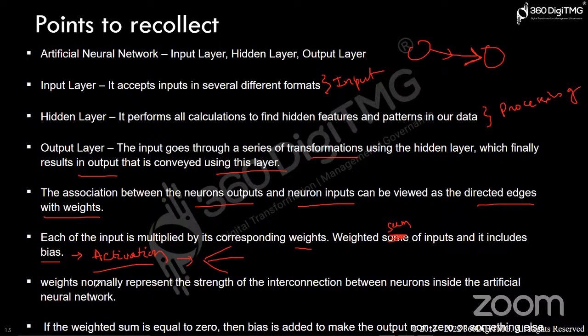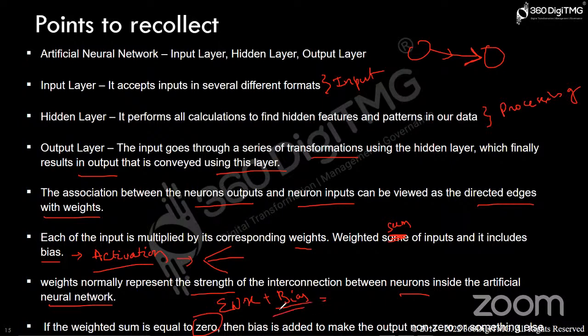Now, weights normally represent the strength of the interconnection between neurons inside an artificial neural network. If the weighted sum, the sum of W and X, is 0, a bias term is added to make the output non-zero.